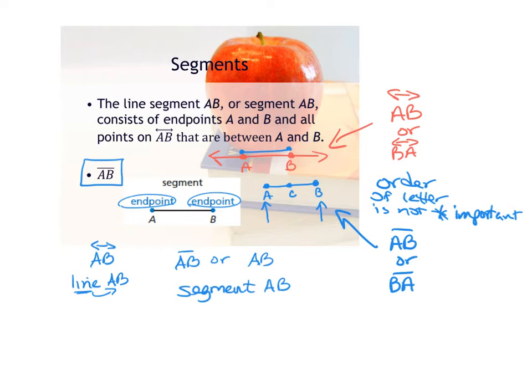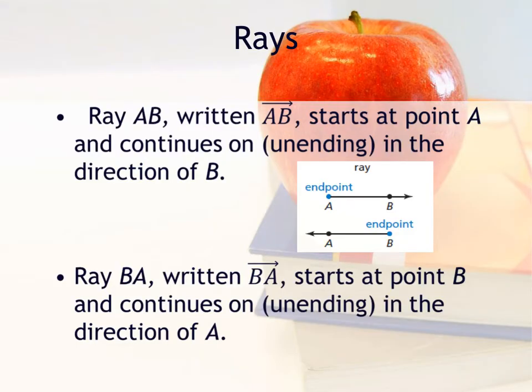All right, let's try the next one. Talk about rays. So a ray is written as capital A, or whatever letters are in your picture. But you would put 2 capital letters, and then you're going to draw a picture of an arrow on top. You'll only have an arrow on one end of it.